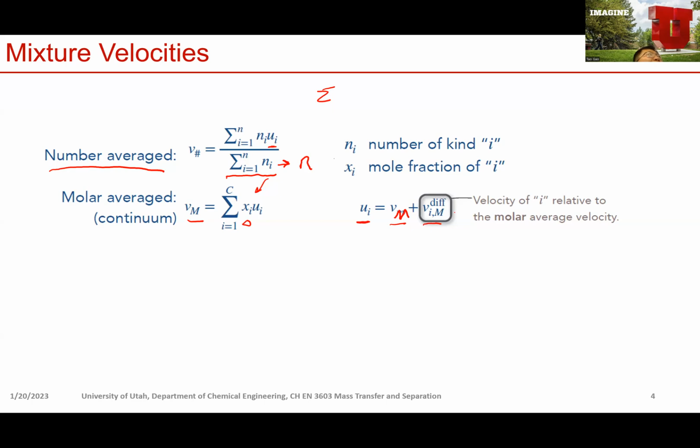And this difference is basically the velocity of species i relative to the molar average velocity. Just conceptually, we can do this. And remember that this molar average velocity is an artificial average we create to help us understand how all the particles move in a convective way, right?